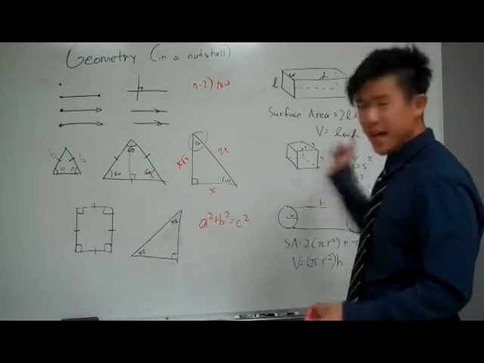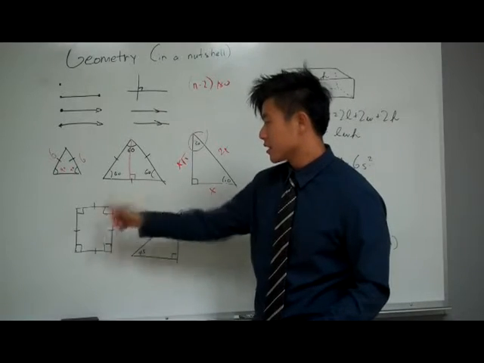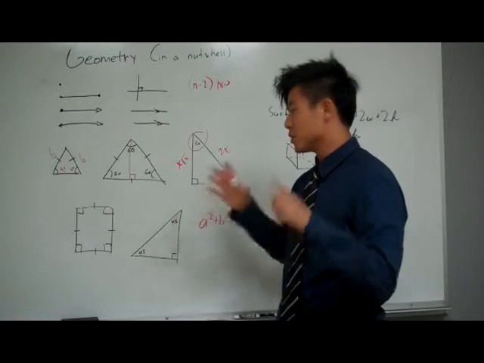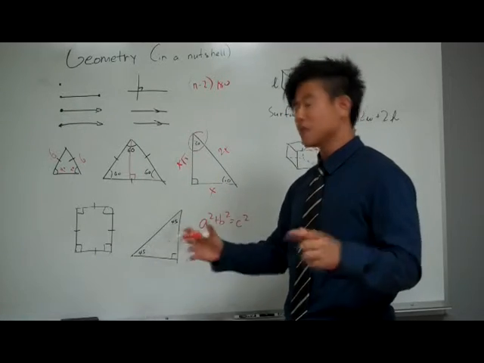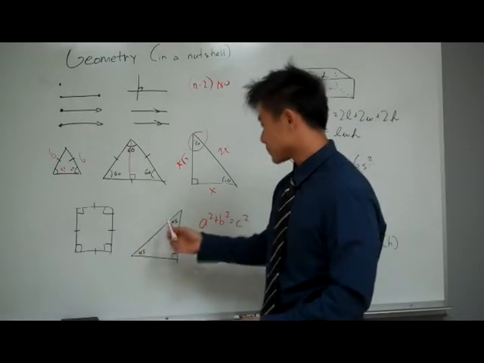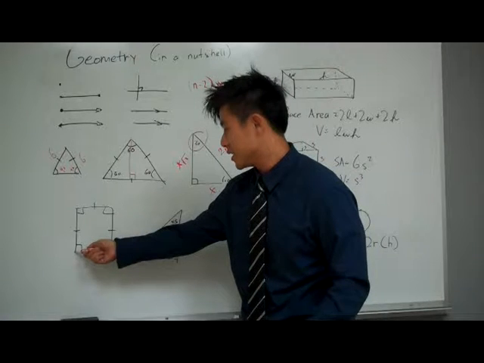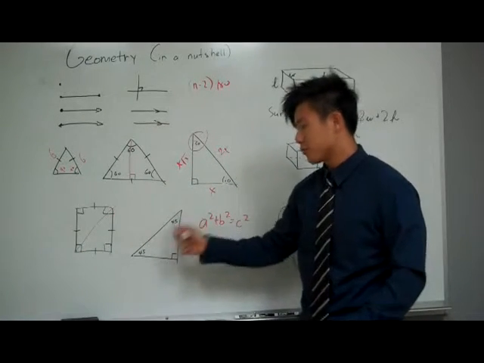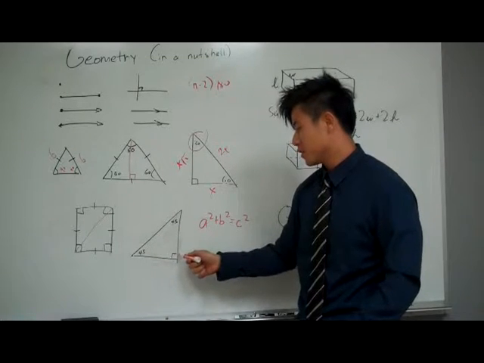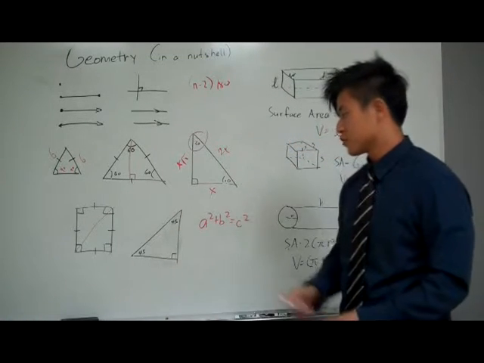Okay? Next, we have a square. Square means a quadrilateral with 4 equal sides, which also means 4 right angles. Now if we were to bisect it here from one corner to another, we would get this triangle, which is a 45, 45, 90 triangle.